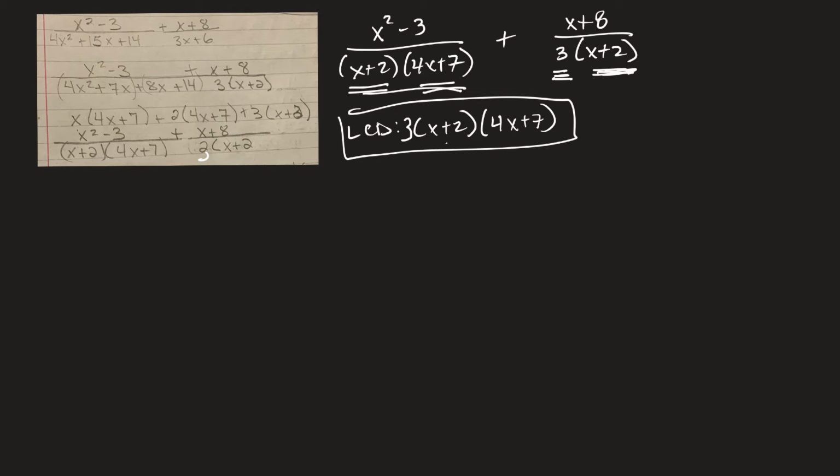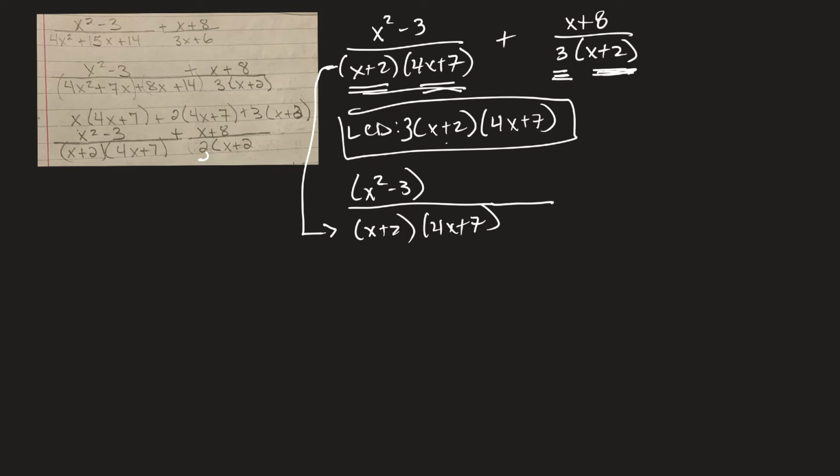So what I like to do is write what I have already. So x plus 2, 4x plus 7. That's coming right from here. And then on the top, write what I have, x squared minus 3. And then I use a different color, just because I'm into colors. And I include what isn't in, I have to add something that's not in the common denominator.